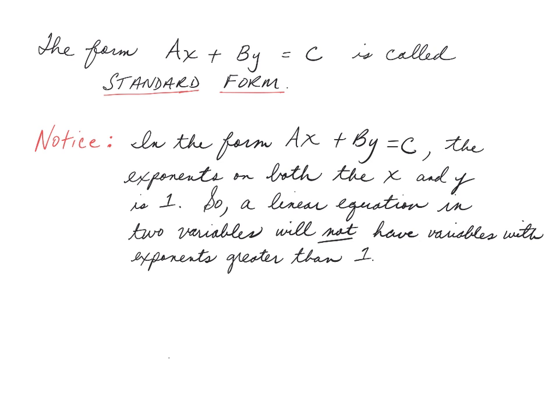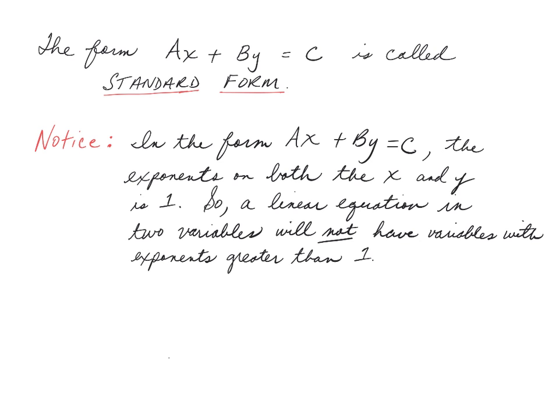Now, notice that the x has an understood exponent of 1. Remember, when you don't see an exponent with a variable, it's understood to be a 1. And the y has an understood exponent of 1. The fact that these have exponents that are 1, not greater than 1, means that this is a linear equation.